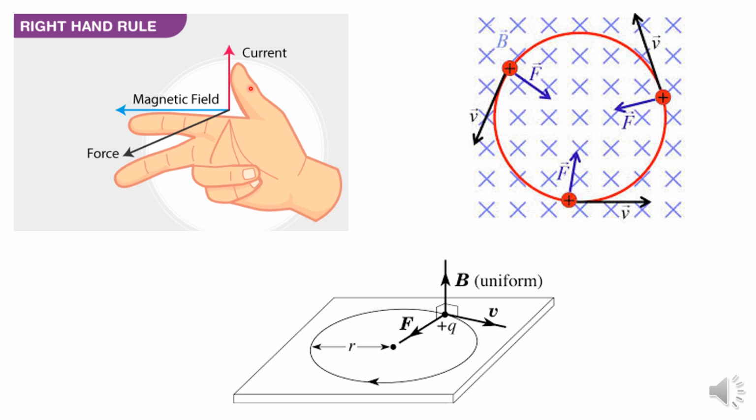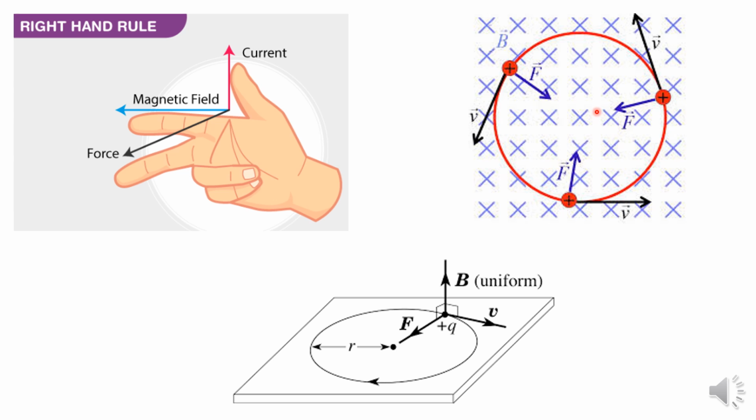Current and the velocity directions are one and the same. Then the middle finger will give the direction of the Lorentz force. Since the magnetic field and the current or the velocity are mutually perpendicular to each other, the Lorentz force is maximum, and the direction of the Lorentz force is given by the middle finger. This is Fleming's right hand rule.